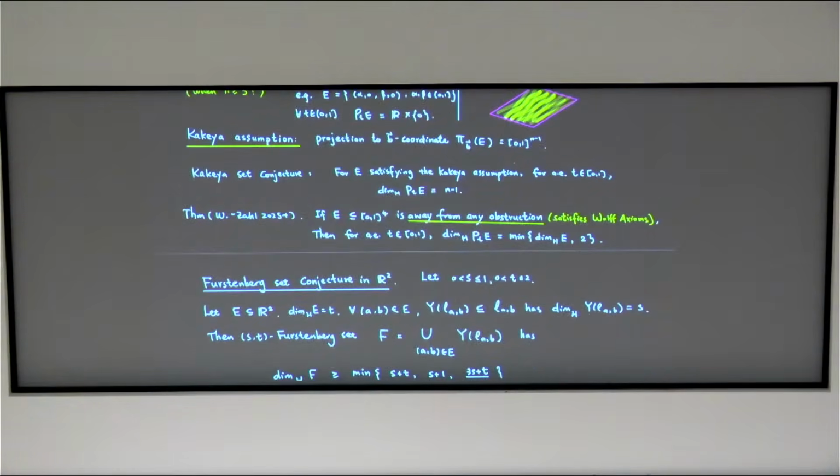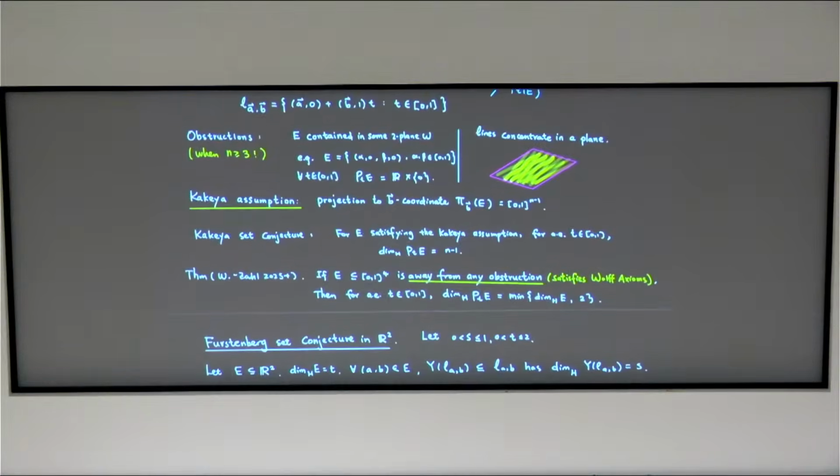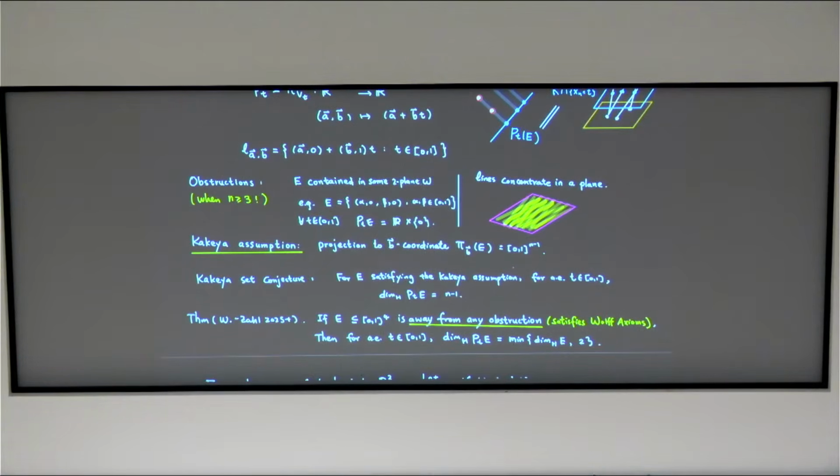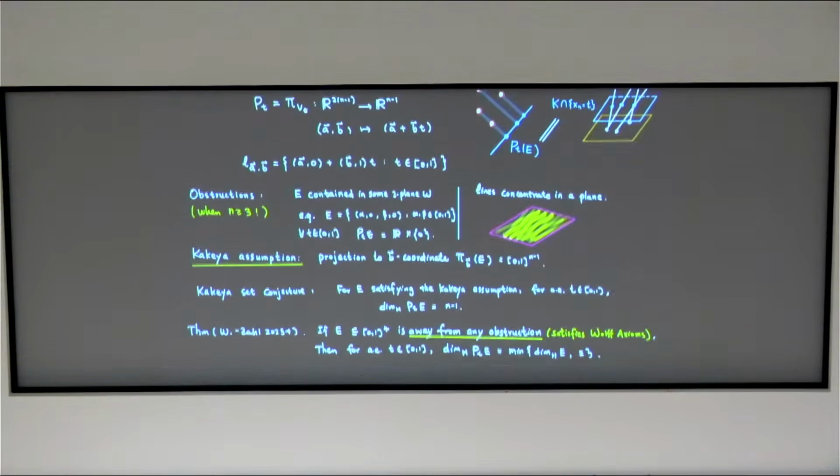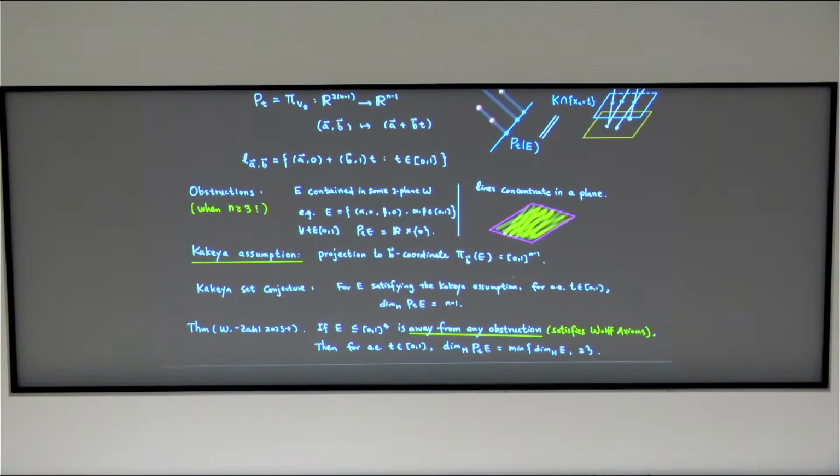So in the end, previously we talked about how restriction theory could help with projection theorems. And we also talked about how the Kakeya set conjecture is a special case of the projection theorem.